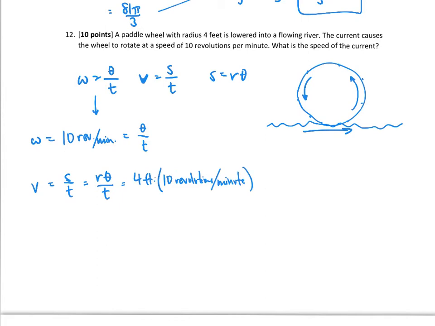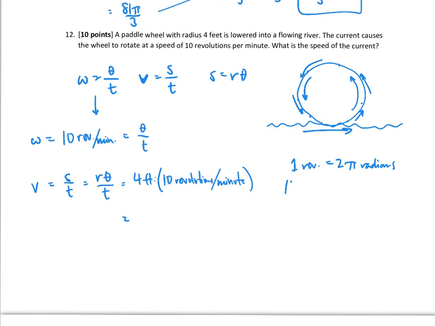But in order to do this conversion, we've got to convert revolutions to radians. Because remember, the formulas that we have in terms of the arc length on a circle, we have to measure our angles in radians. So one revolution is 2 pi radians. One full circle is 2 pi radians.